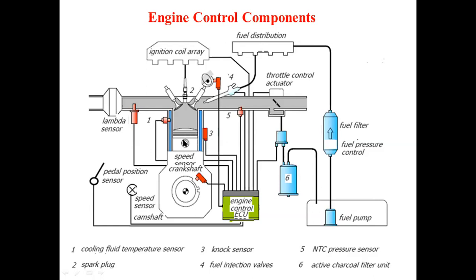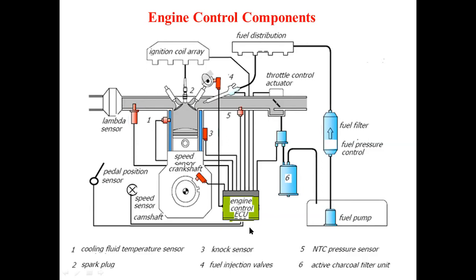Generally this third one, the knock sensor, is fitted on the cylinder head, so that by sensing the engine vibrations one can identify whether there is knocking or not. So there is knocking detection. You are supplying fuel from this line, air from this line, you are burning this mixture here, and you are exhausting the exhaust gases through this.